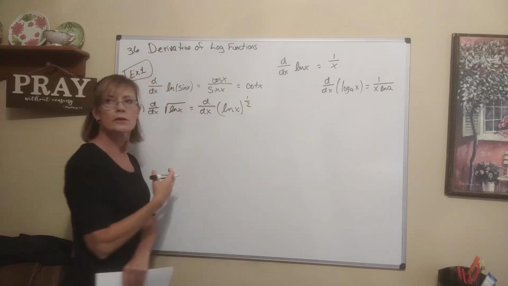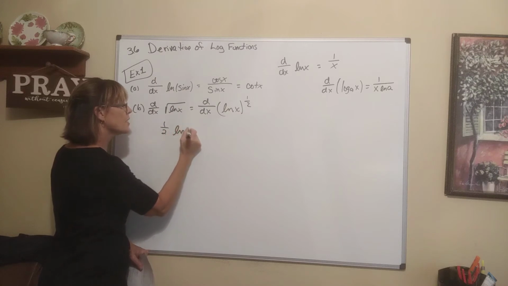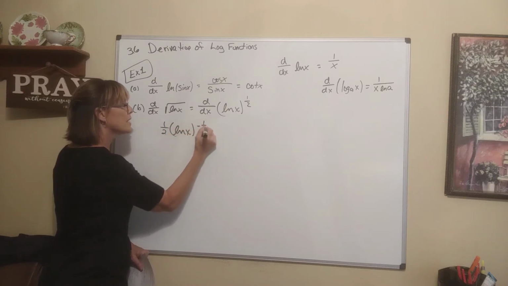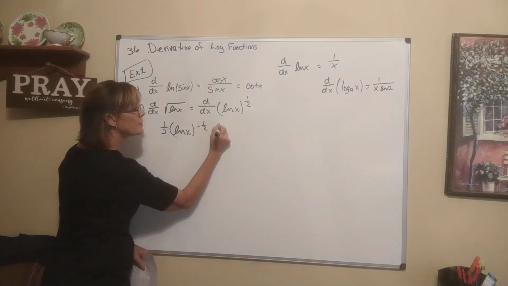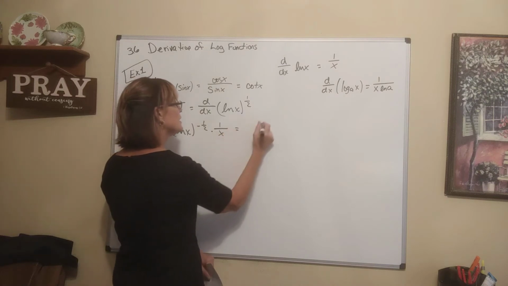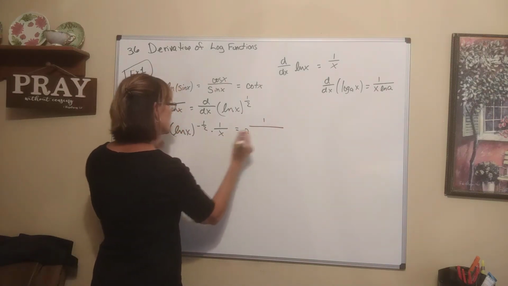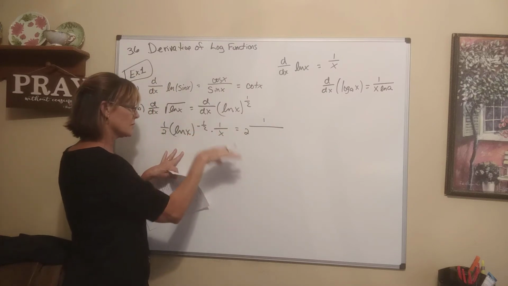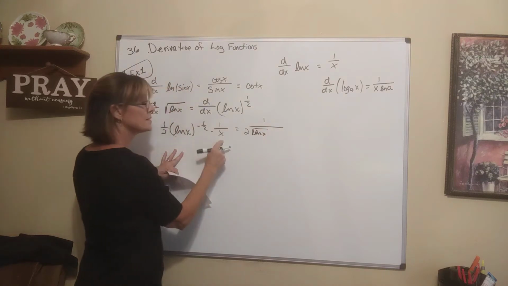Now I'm going to take the derivative. Power rule says 1/2 times the function to the negative 1/2. Chain rule says times the derivative of what's inside, the derivative of natural log of x, times 1 over x. This can be rewritten as 1 over 2, the negative 1/2 goes downstairs and it becomes the square root of the natural log of x, and this x is downstairs.